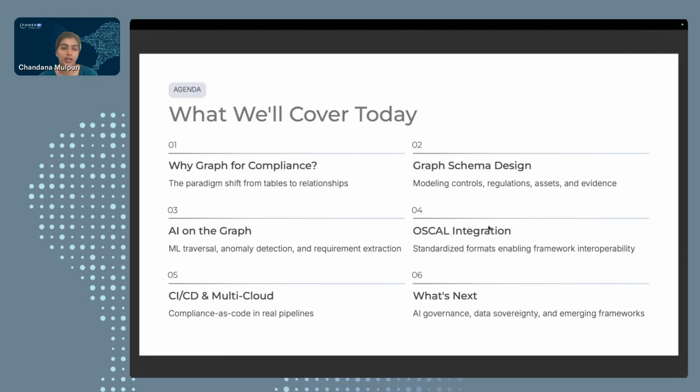In this presentation, what we'll cover is why graph for compliance, the shift from tables to relationships; graph schema design, modeling contracts, regulations, assets, and evidences; AI on the graph, how ML traversal, anomaly detection, and requirement extraction are done; OSCAL integration, standardization formats enabling framework interoperability, which is one of our major developments; and CI/CD with multi-cloud, compliance as code in real pipelines rather than compliance as a service.